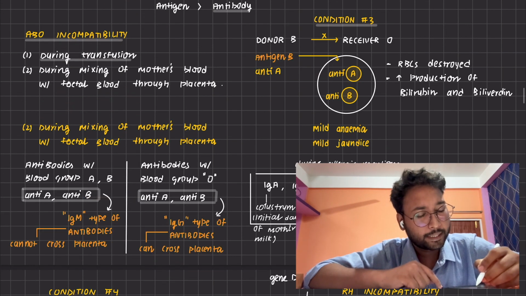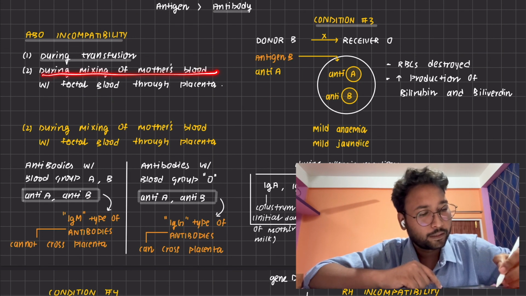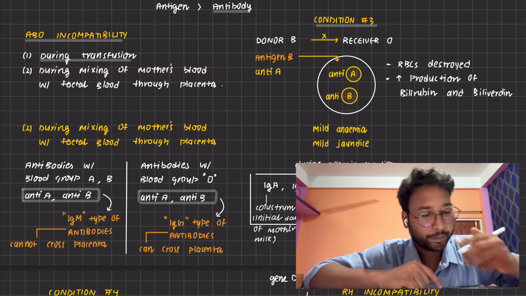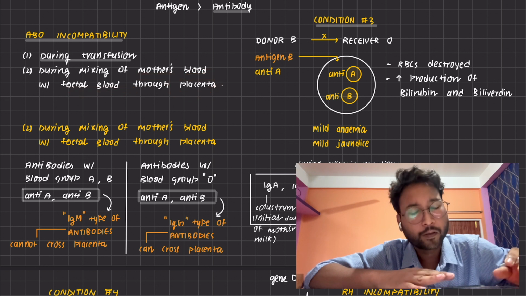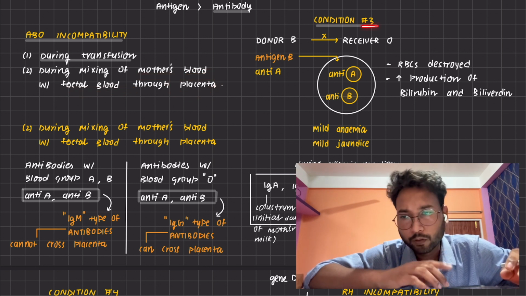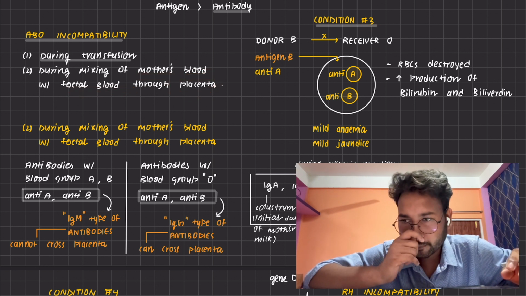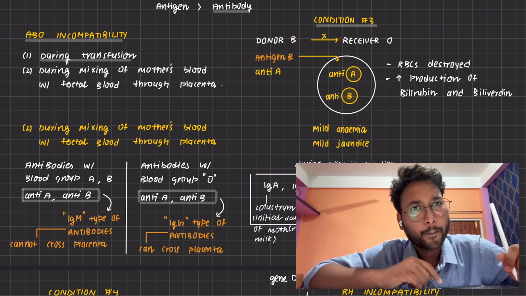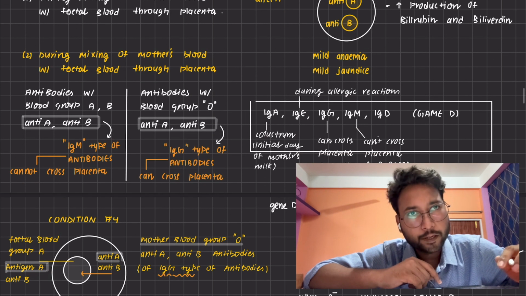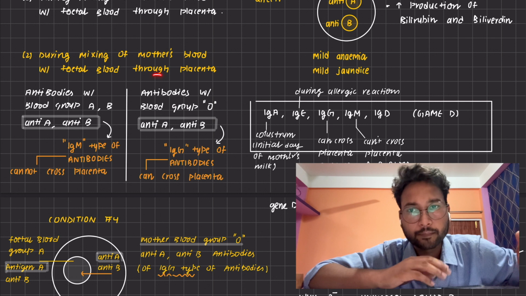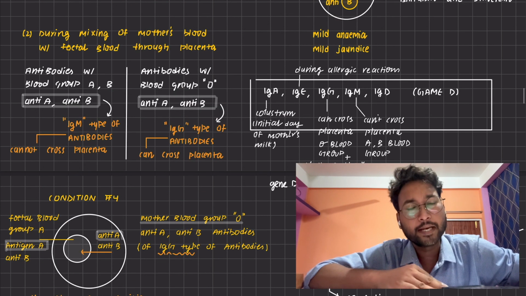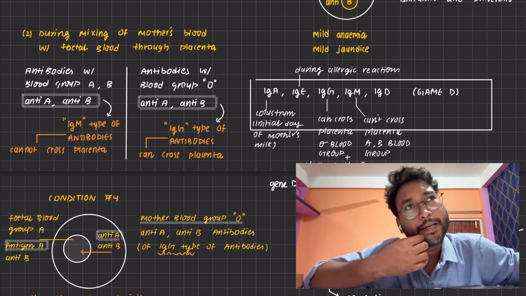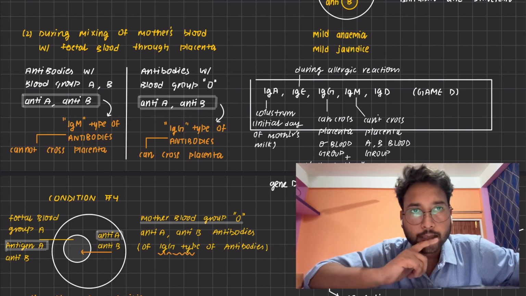I told you what kind of antibodies are present in plasma. If a patient has blood group A, then anti-B antibodies are present in plasma.